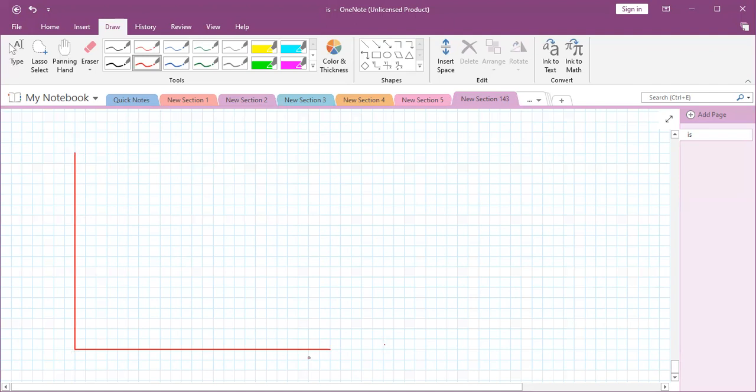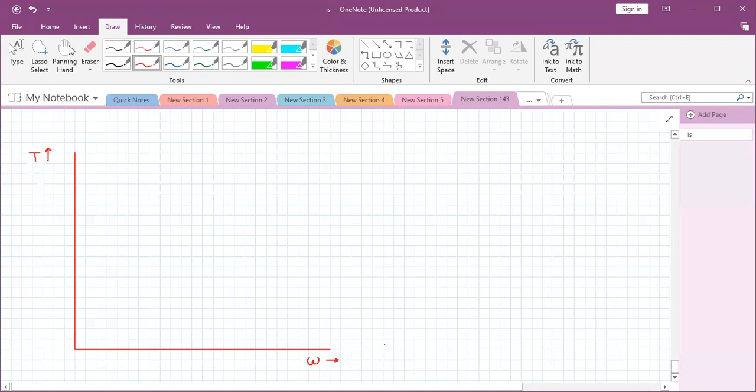Here I am going to plot omega, the speed, and on the y-axis I am taking torque.